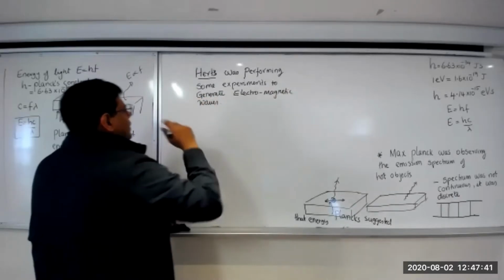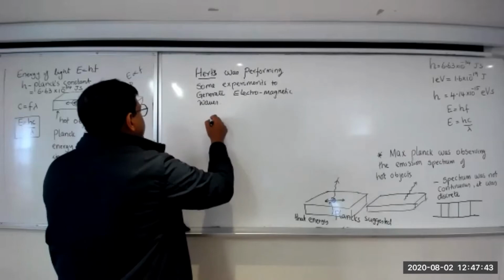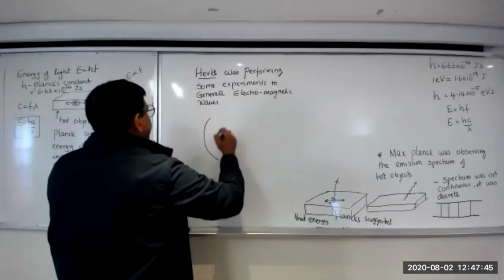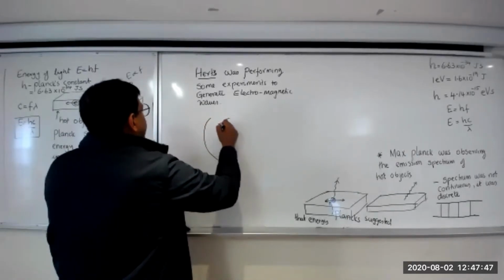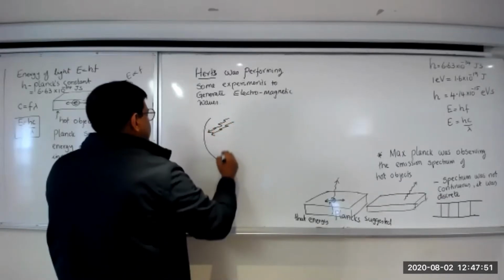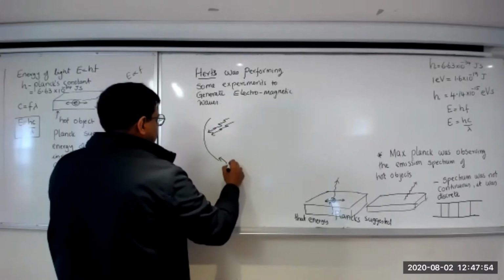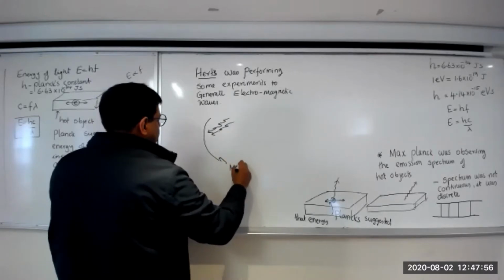Let's simplify the experiment. He was shining different light, say ultraviolet, onto a metal surface, a well-polished metal surface.